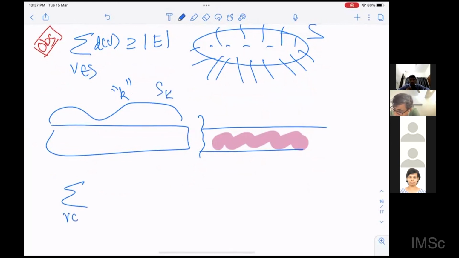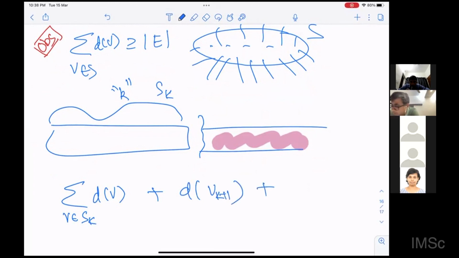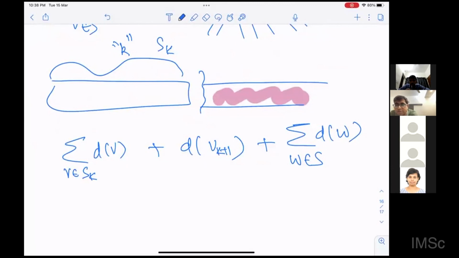Sum over V in SK of degree of V, plus degree of Vk plus 1, plus summation over W in S of dW. Can you tell me what this number is?